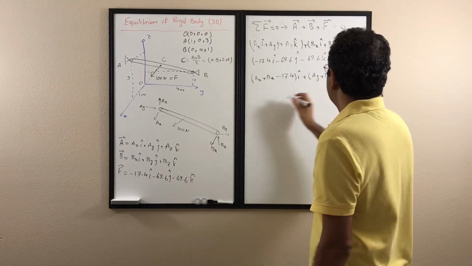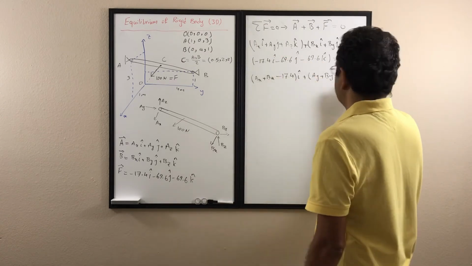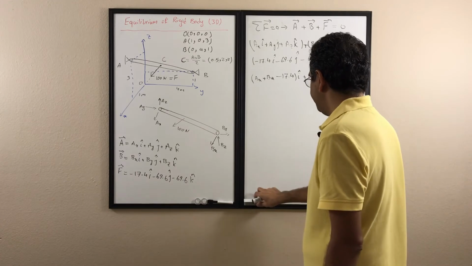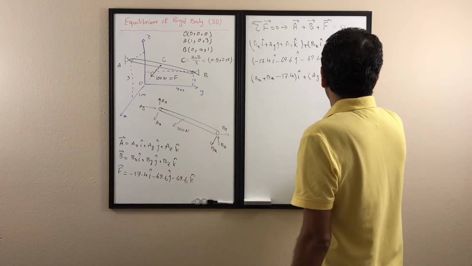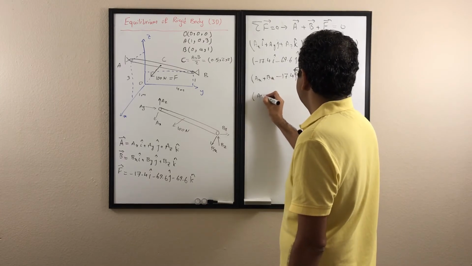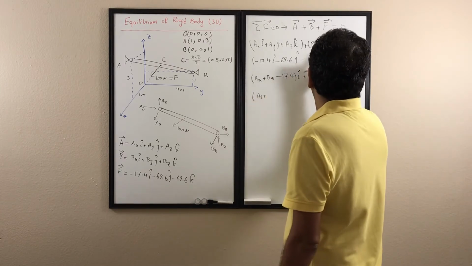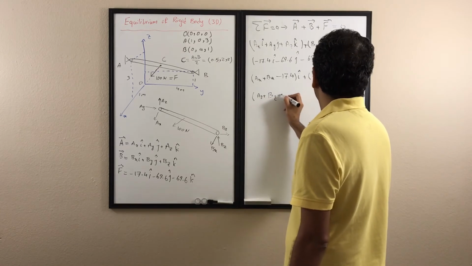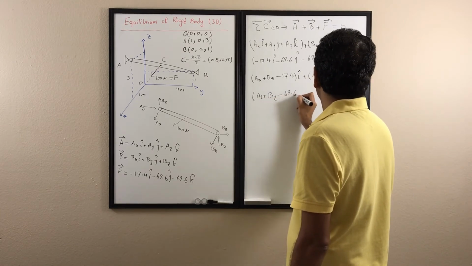And then the K components: Az plus Bz minus 69.6.